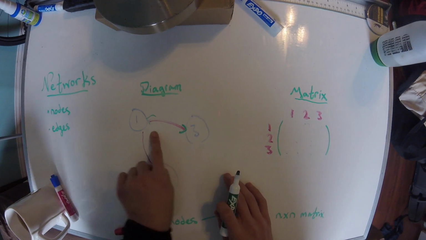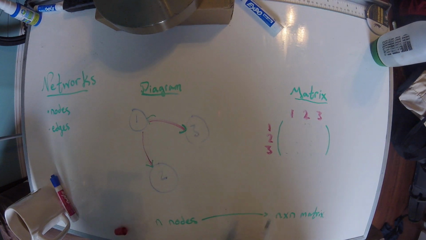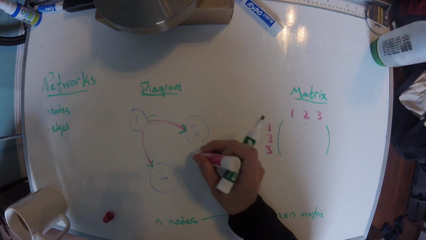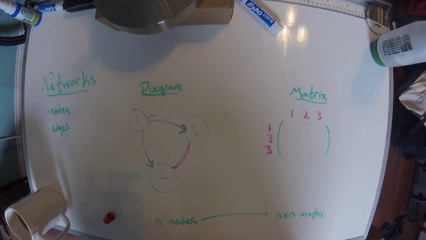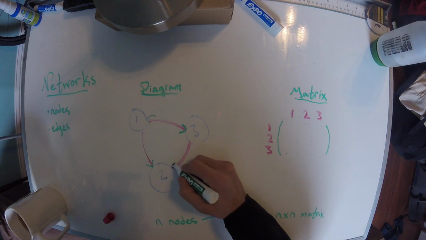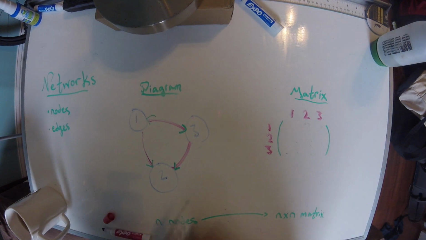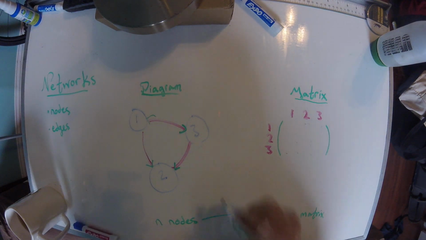So this is a dually directional vertex, or edge. And let's say that 3 is connected to 2, but also not vice versa. So we only have this direction for that edge.